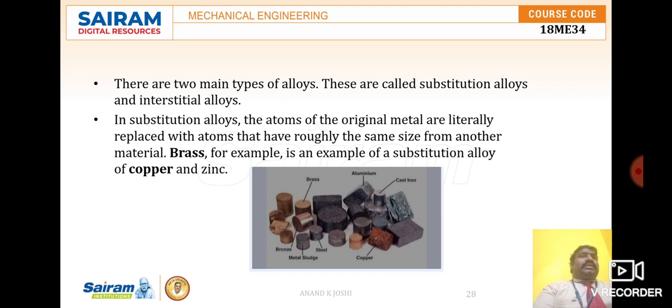The crystal structure and properties of intermetallic compounds often vary from those of their constituents.